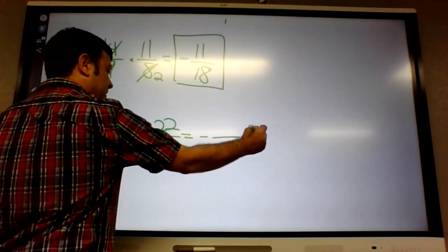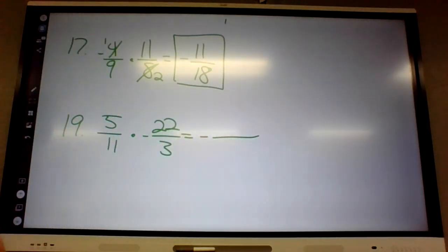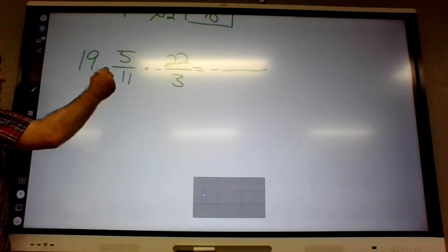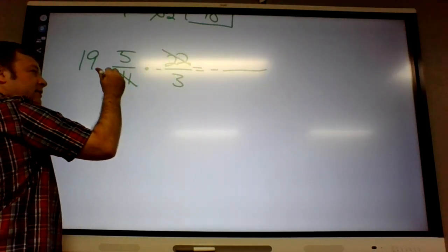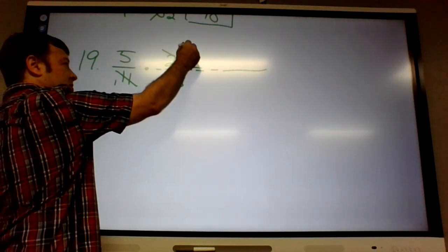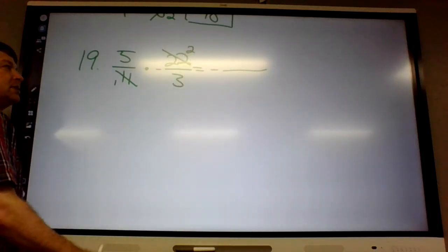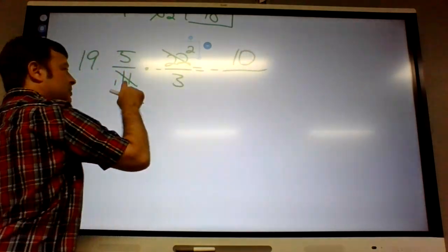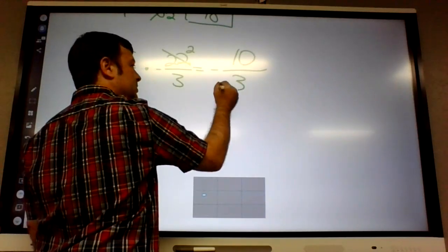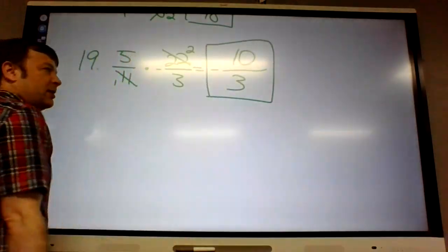So it is going to be negative. What's going to reduce on this one? 11 and 22 are both divisible by 11. So 11 divided by 11 is 1. 22 divided by 11 is 2. 5 times 2. 1 times 3. Just leave it improper.